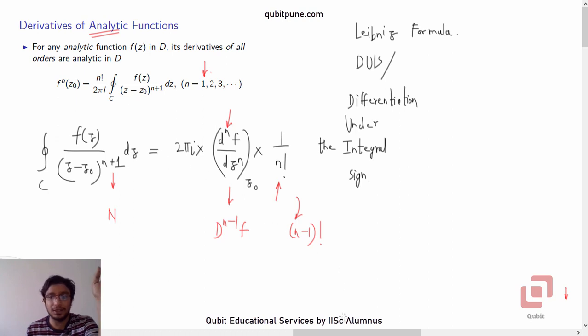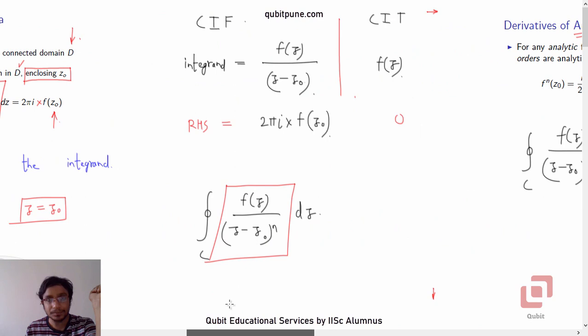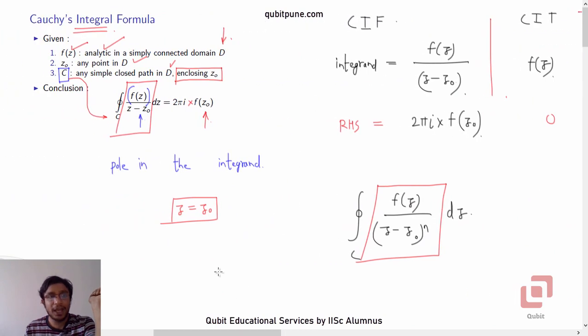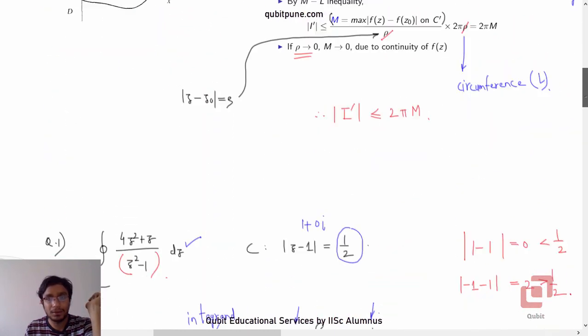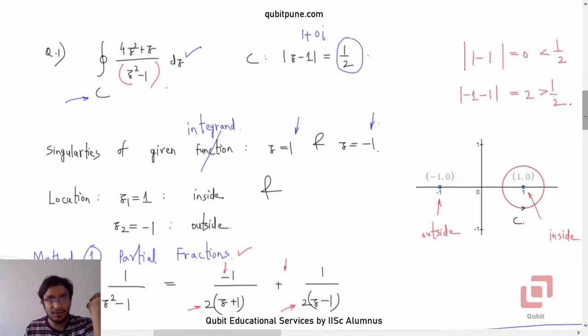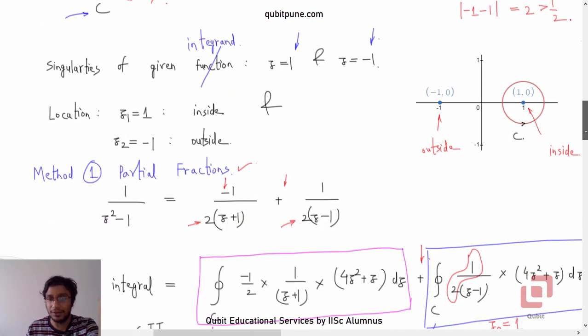Okay, so now let us solve some problems based on this formula, and you can see that this formula is much better than this, because this allows us to solve problems which cannot be solved by the Cauchy's integral formula. For example, if you have z plus 1 raised to 2 or z minus 1 raised to 2, for instance.